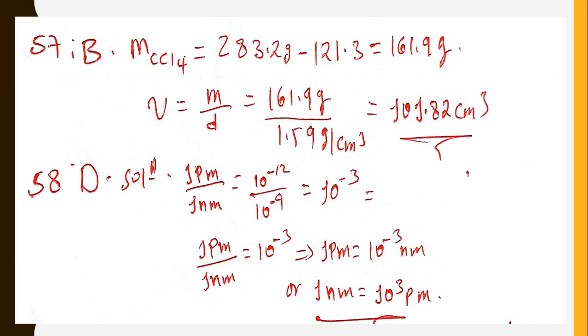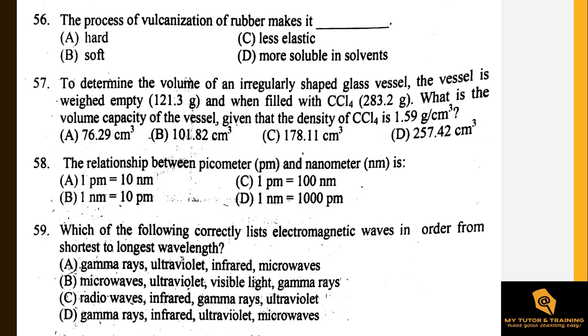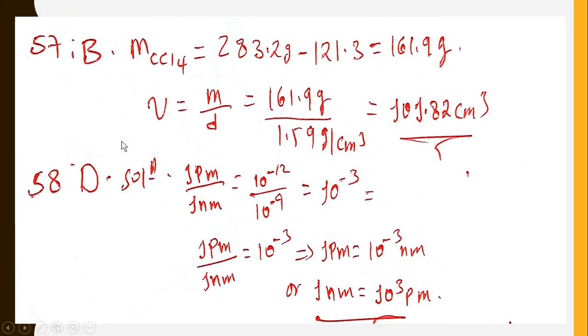Question number 58: the relationship between picometer and nanometer. pico ማለት 10 to the power of minus 12 ማለት ነው፣ ናኖ ማለት 10 to the power of minus 9 ማለት ነው። በሁለቱ መካከል ያለው ልዩነት ስንት ነው? የአንድ ሺህ ልዩነት ነው ያለው። ምን ታደርጋላችሁ? 1 pico over 1 nano is equal to 10 to the power of minus 12 over 10 to the power of minus 9, which is equal to 10 to the power of minus 3.